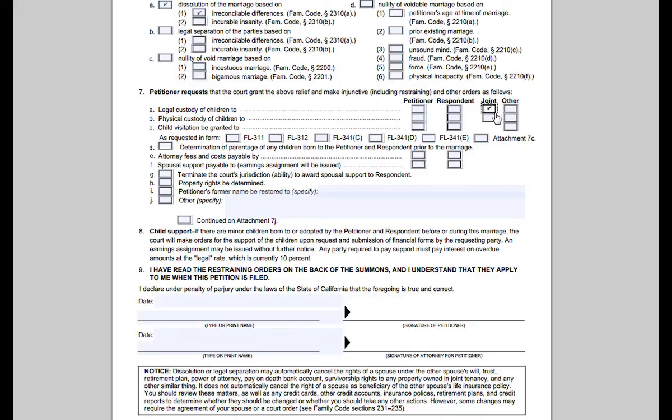Now, physical custody involves with whom the children are physically with. Take note that there is a slight difference between sole physical custody and primary physical custody. Sole physical custody means that the non-custodial parent has very little or no visitation rights. Primary physical custody means that the non-custodial parent still has significant visitation time with the child. If you want sole or primary physical custody for yourself, check petitioner.